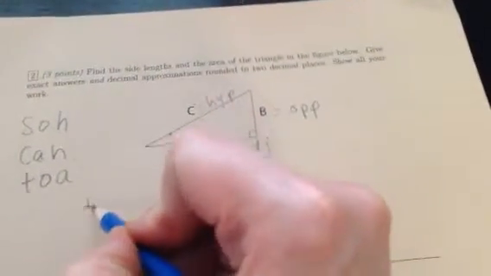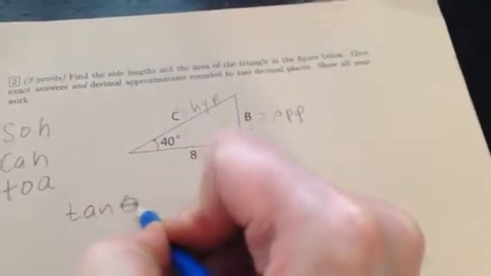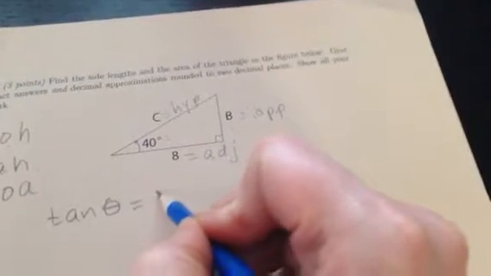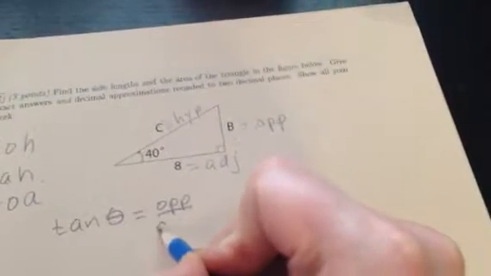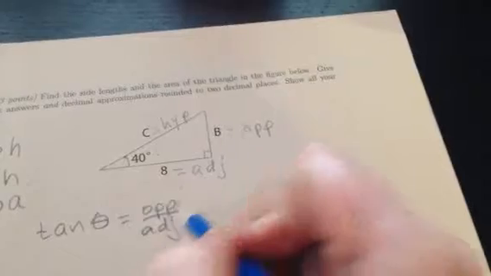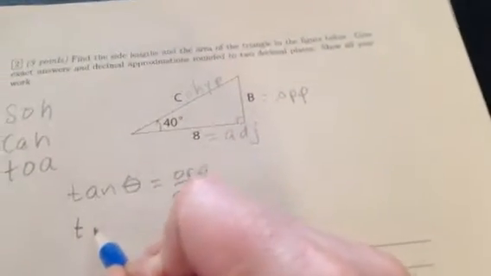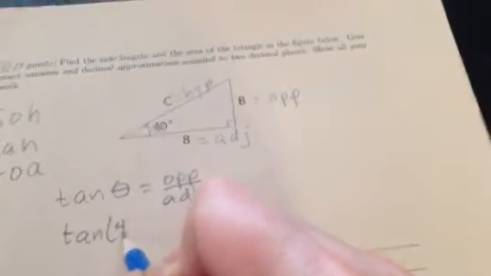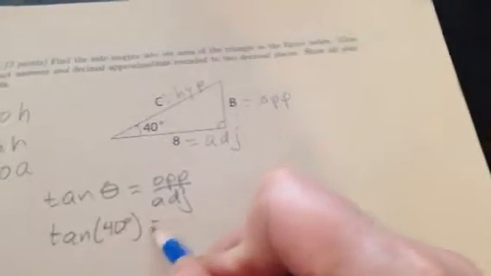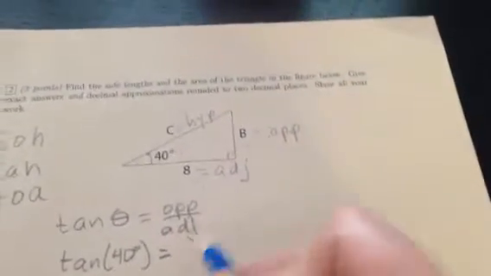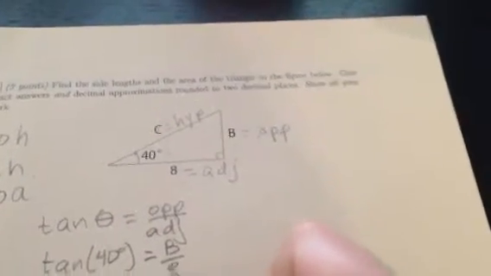So if we write that tangent theta is equal to opposite over adjacent, then we know that the tangent of 40 degrees is equal to the opposite, which is our B, over 8.